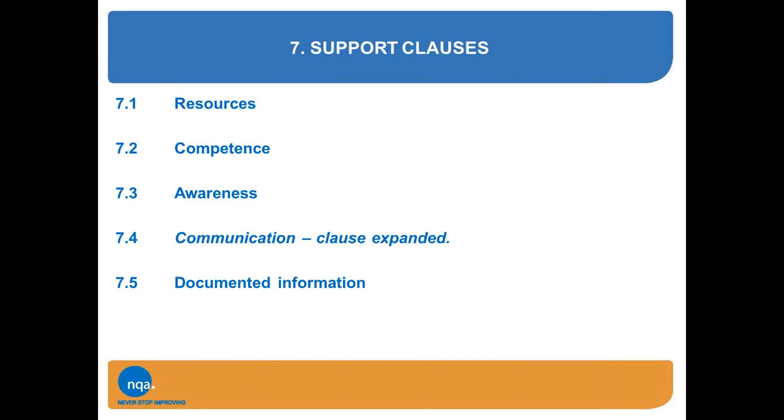It can be electronic information. It's things to support and be able to justify, yeah, we do that. Well, can you show me? Yep, and there's some of the stuff that we use. So it's quite a wide remit now. It's not just talking about documented procedures, as you would have been familiar with in other management systems.